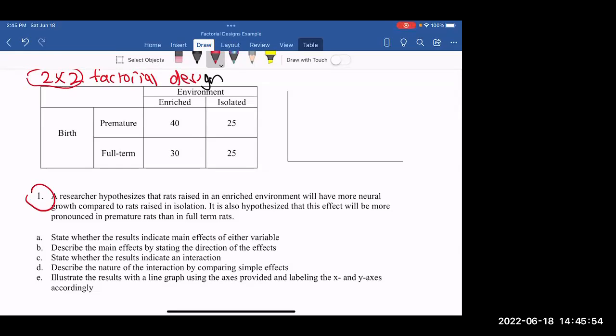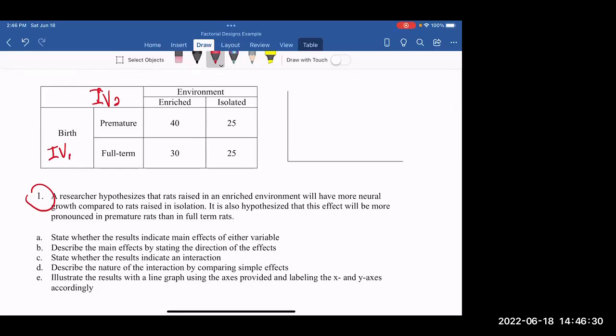So going off of that, let's look at what our independent variables are. For IV1, we have birth, and our levels are premature versus full term. And for IV2, we have environment, and our levels are enriched versus isolated.